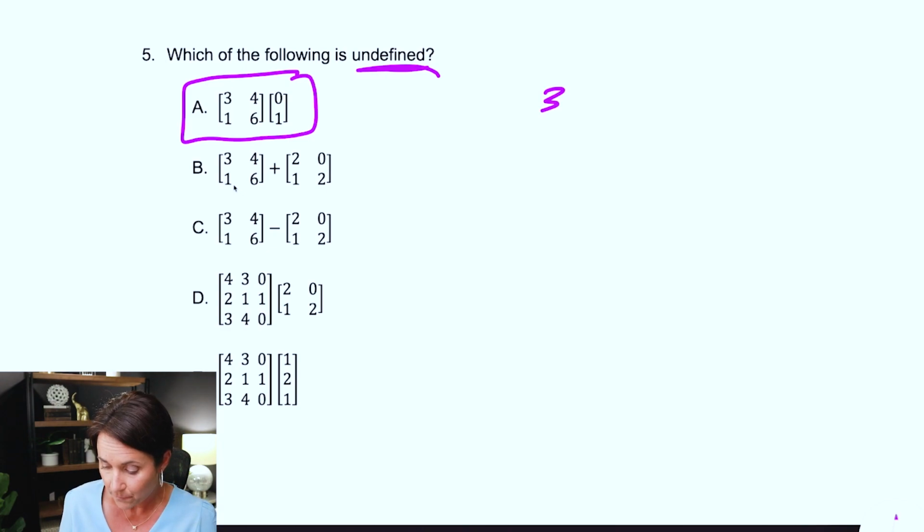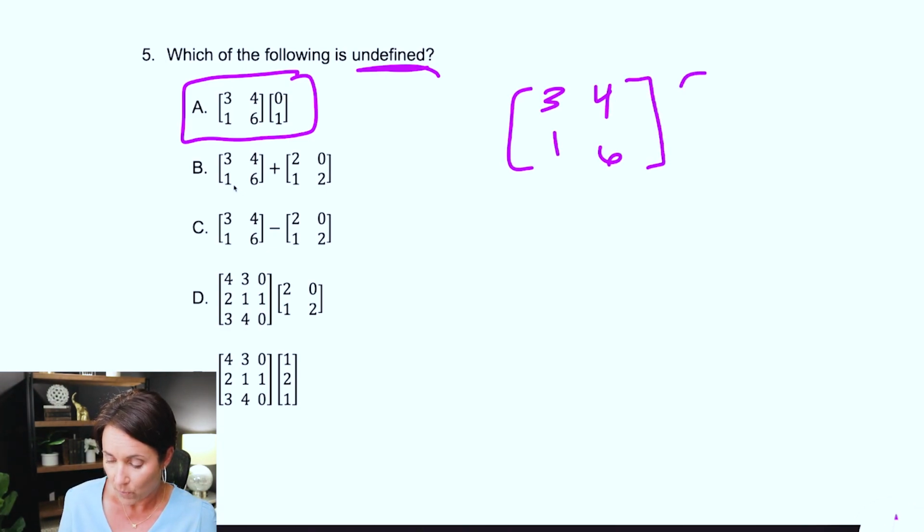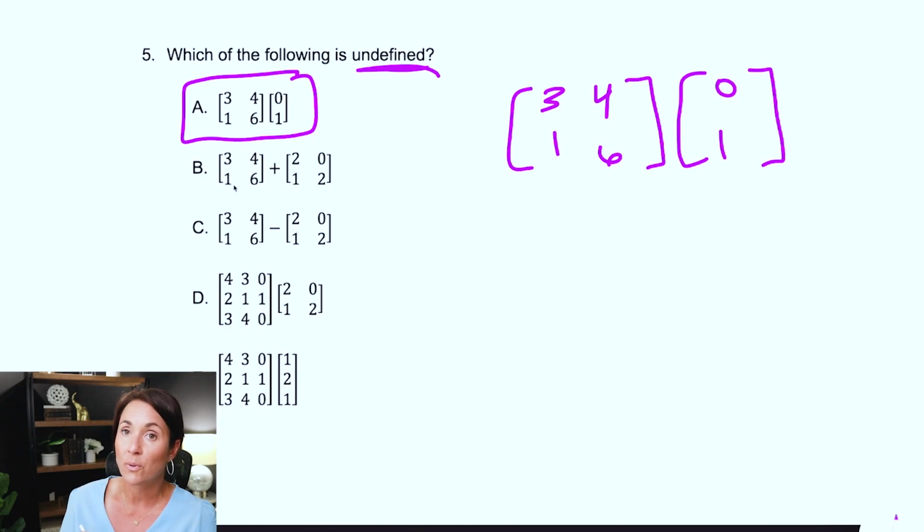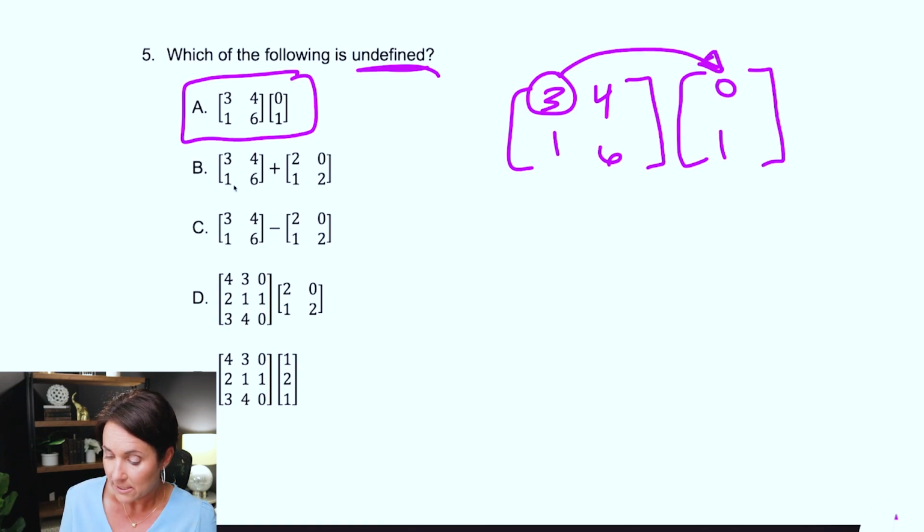We have 3, 1, 4, 6, and we're multiplying that by 0, 1, 0 on the top and 1 at the bottom. Now, this is the way we multiply matrix. We take this 3 here and we multiply to this 0, and we take this 4 and we multiply to this 1, and we add them together to get that first column.